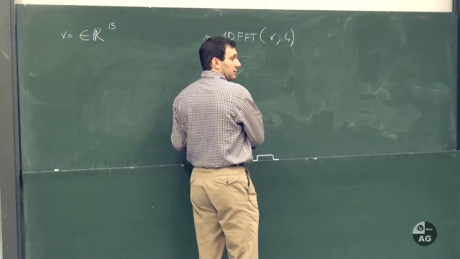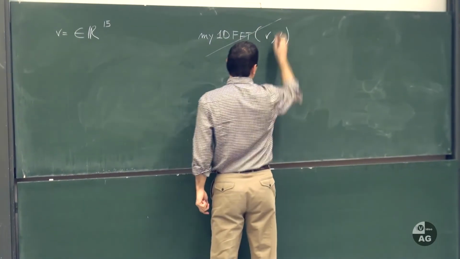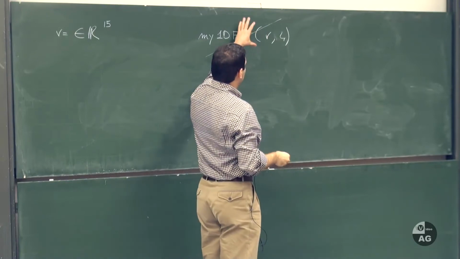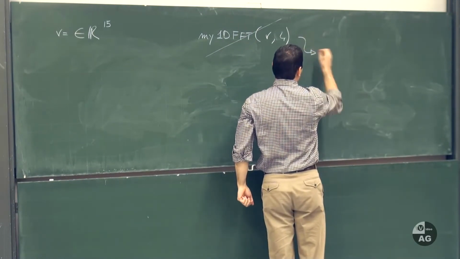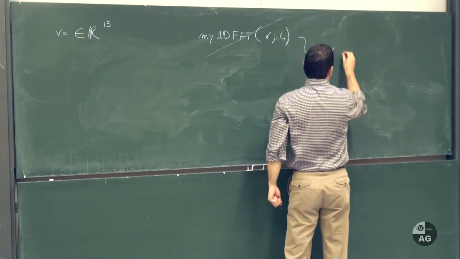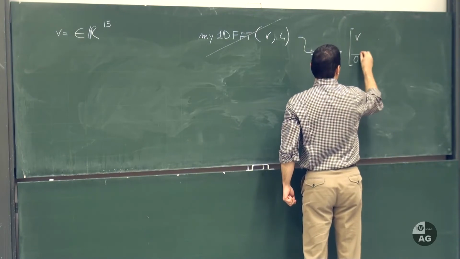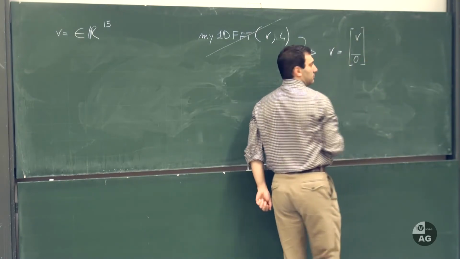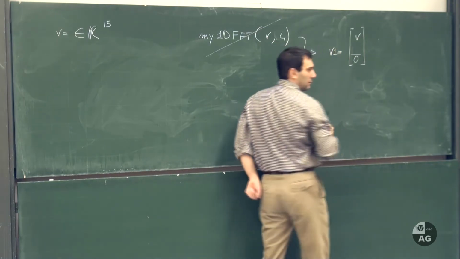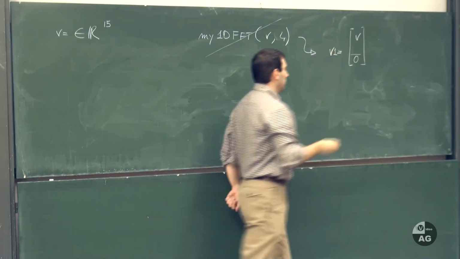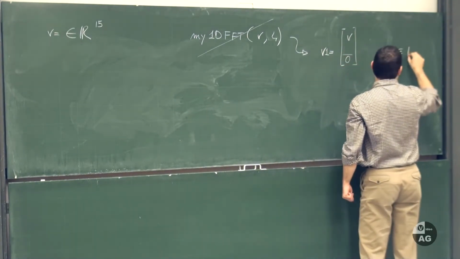So what I am suggesting you guys to do is to scratch this, and inside the my1 FFT, what happens is now V becomes V and 0. If you want, we can call this V1. Okay, now V1 magically is divisible by 4.